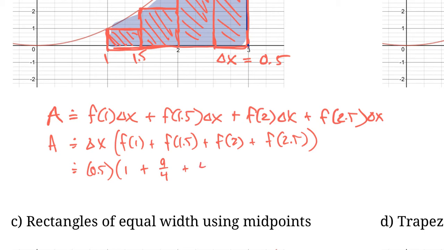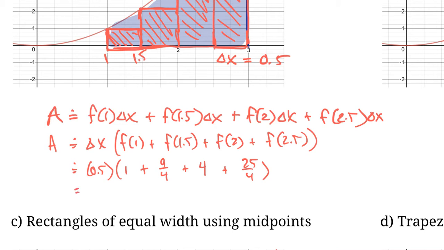Plus f at 2, which is 4, since 2 squared is 4, plus f at 2.5. So 2.5 squared, that's 6.25, or 25 over 4. I'm just putting the fractions so we can find the exact answer. And then we know the 0.5 is also 1/2.